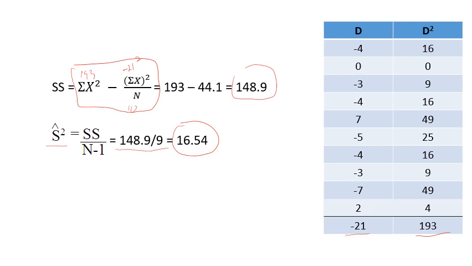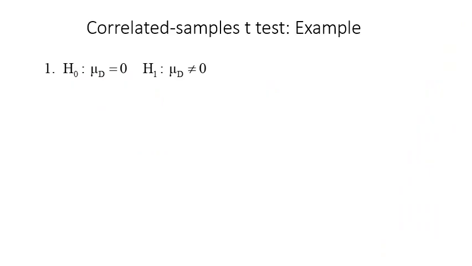So now we have the information we need to plug it into the formula, except we need a mean of the differences, which is going to be equal to negative 21 divided by 10, so negative 2.1. So our hypotheses here, again, our null is that the difference is equal to 0.